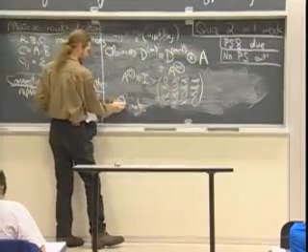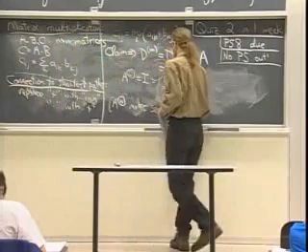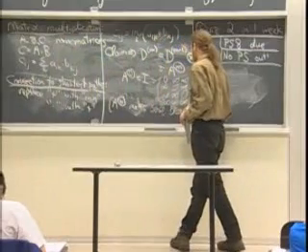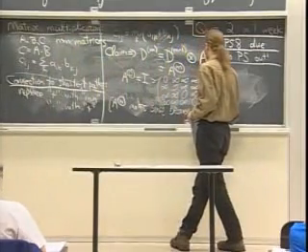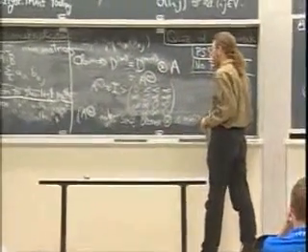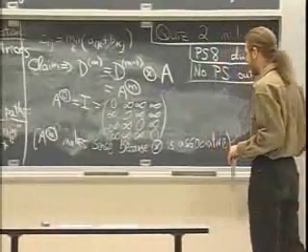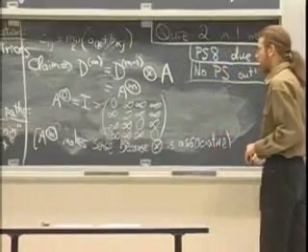So A to the m circled makes sense because circled multiplication is associative, and you can check that. Not hard, because min is associative and addition is associative and all sorts of good stuff.